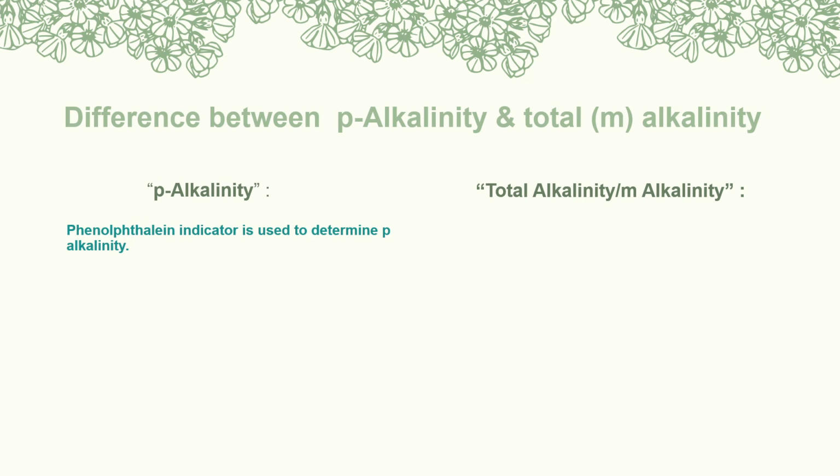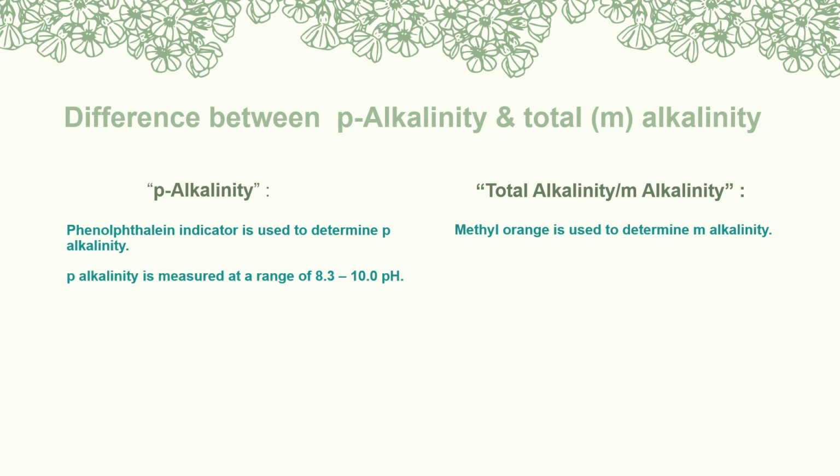Phenolphthalein indicator is used to determine P alkalinity. Methyl orange is used to determine M alkalinity. P alkalinity is measured at a range of 8.3 to 10 pH. M alkalinity is measured at a pH range of 3.1 to 4.4.